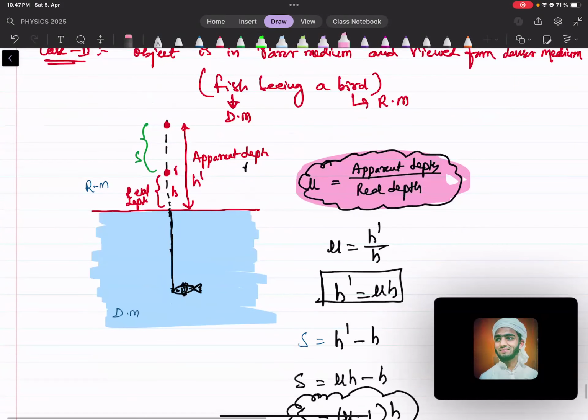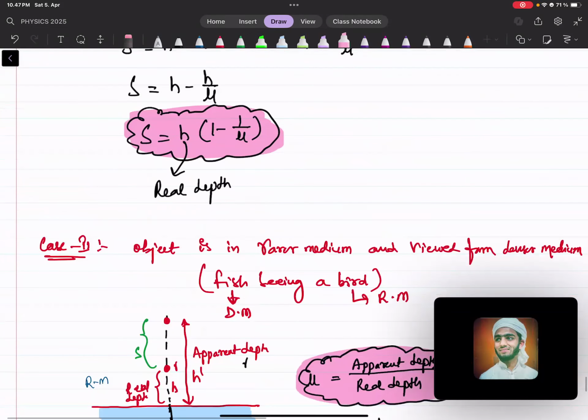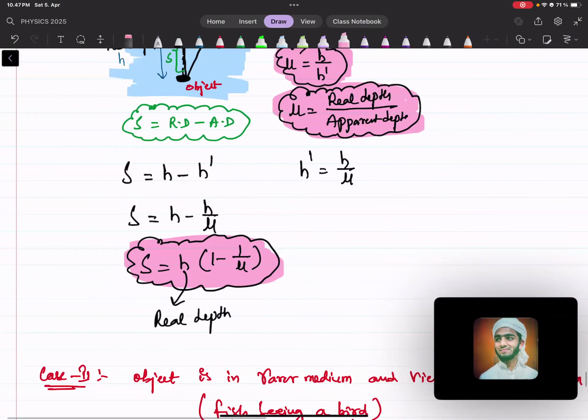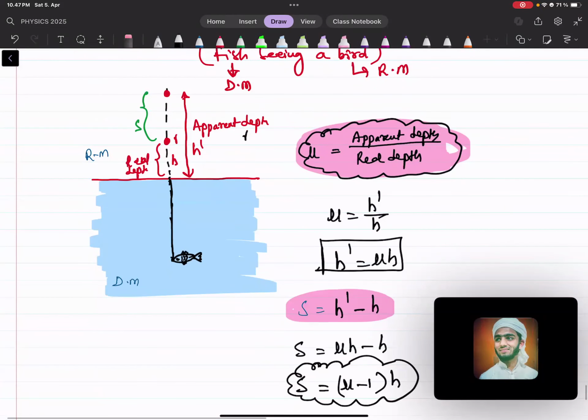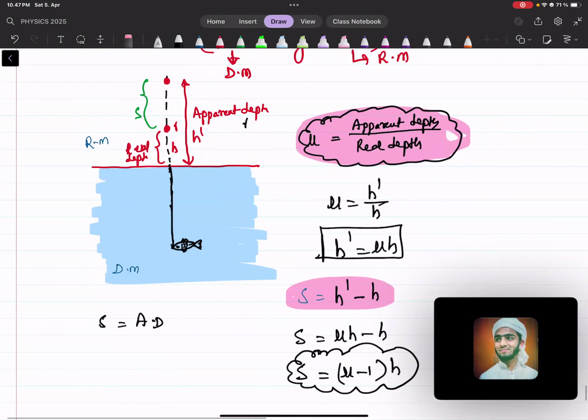Here the shift will be equal to apparent depth minus real depth, and in this case the shift will be equal to real depth minus apparent depth. I'll write this one here: shift is equal to apparent depth minus real depth. Done? Am I clear?